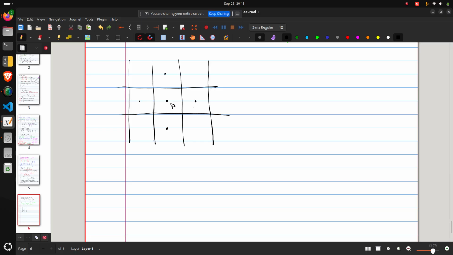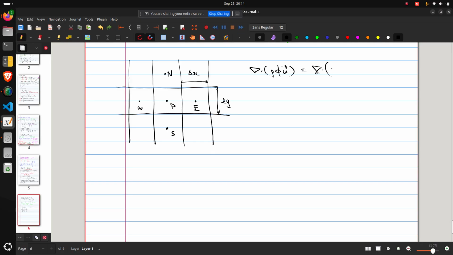So, let this be P, let these be east, west, north and south. We will assume that each of them are spaced by delta y and delta x. Okay. Now we will just assume that the velocity vector is known to us.